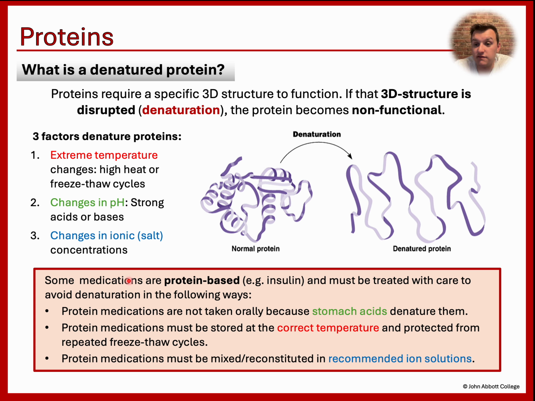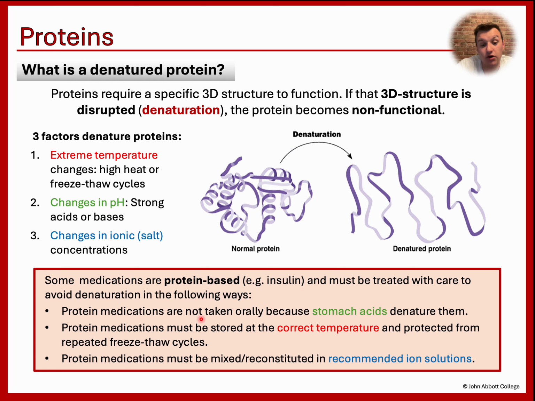Some medications that we take, this is applicable to us, are protein-based, right? An example of this is insulin. Insulin is a protein-based medication, and it must be treated with care to avoid denaturation, right? So there's a reason why, with certain meds, you need to follow the protocol.